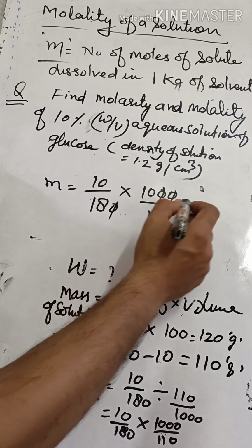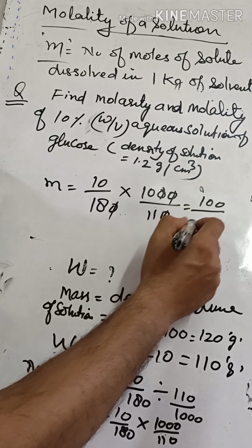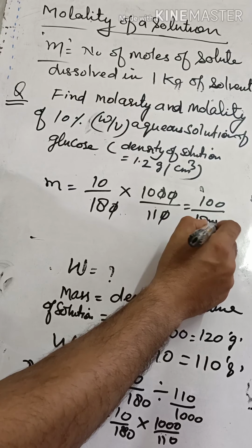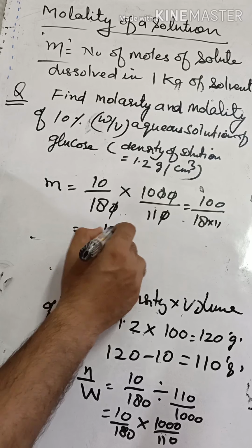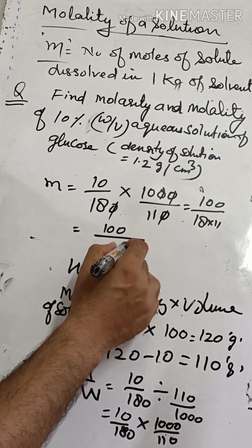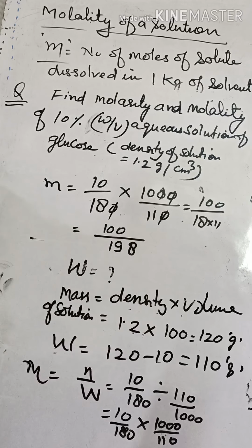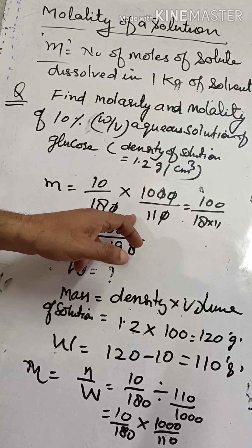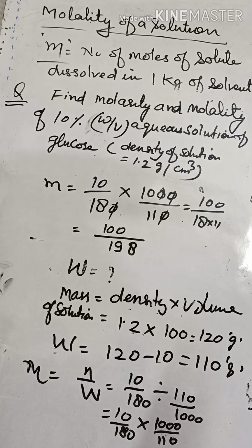So it is 100 divided by 18 into 11, this is 100 by 198, approximately 200. So that is 100 by 200, that is 0.5.